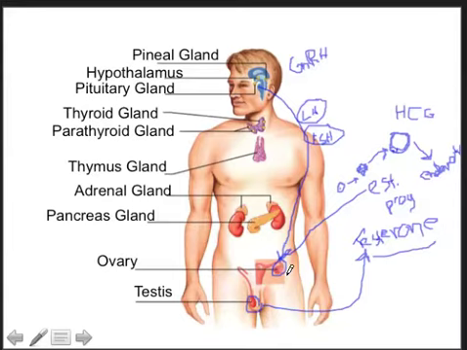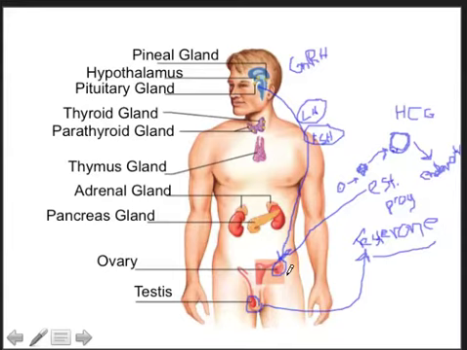This happens every month in the woman from puberty until an event called menopause, which represents the last egg being ovulated from the ovary, and with that, the last corpus luteum and corpus albicans being created. At that point, the amount of estrogen and progesterone produced by the female gonads drops precipitously, and often this leads to osteoporosis, because one of the other things that estrogen and progesterone do besides regulating the reproductive cycle is they also help maintain bone mass.